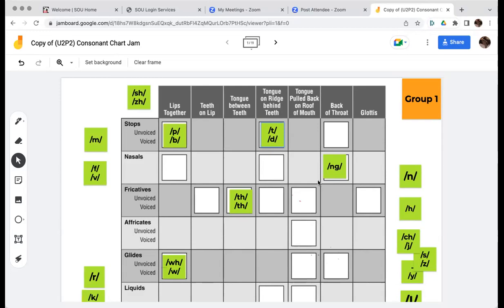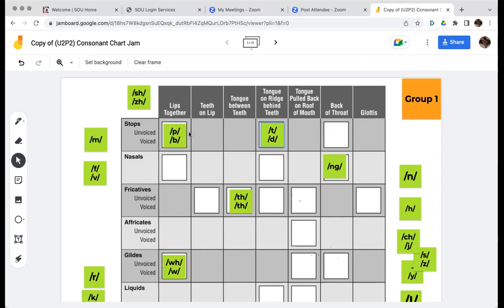Jordan, what about F? What are the dominant parts of articulation with F and V? Because those are partners. Lips or tongue? It's going to be lips. And is it lips together or teeth on lip? Teeth on lip.